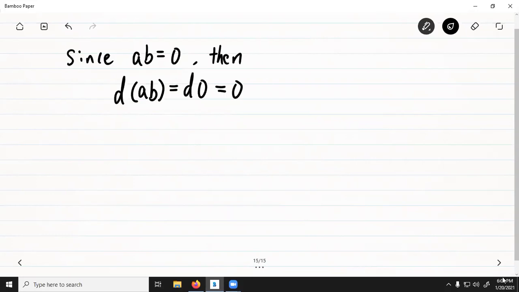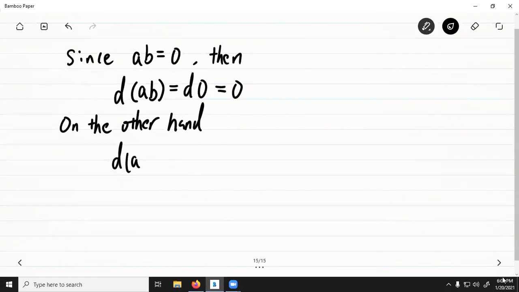Okay. On the other hand, let's do a little bit of change on this expression. We use the associative law, or associativity axiom, which is equal to D times A, then times B, right? D times A is what?